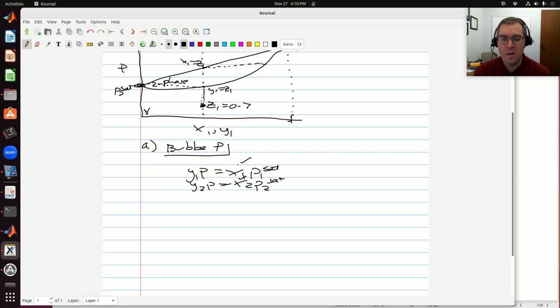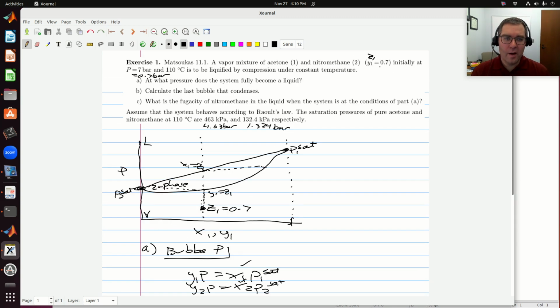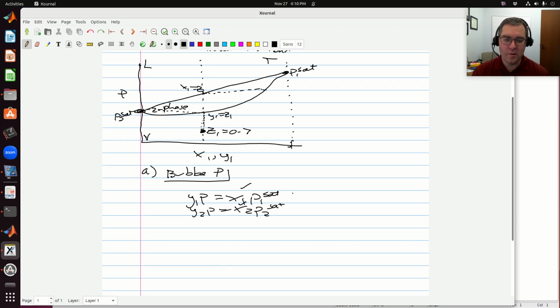Now, here we're told the temperature is 110 degrees C. When I specify temperature, when I think about a PXY diagram, remember temperature is fixed. And when I look at my isofugacity equations, the key is that P1 sat and P2 sat are pure component saturation pressures, for pure component 1 and pure component 2.